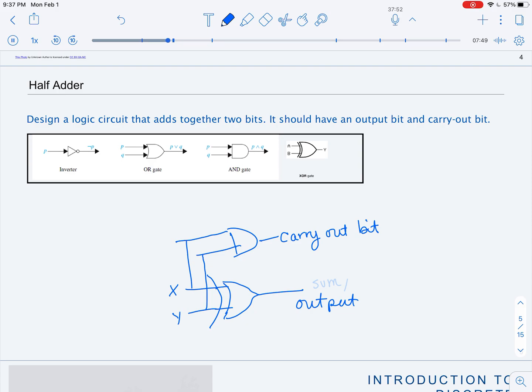If X is 1 and Y is 0, our output bit will be 1 from the exclusive OR, and our carry out bit will be 0, and vice versa. And finally, if both X and Y are 1, our output bit will be 0 because the exclusive OR of 1 and 1 is 0. But now, in the AND gate, the carry out bit will be 1 and 1, so we'll have the 1 bit carried out. And our output bit is basically the sum bit.